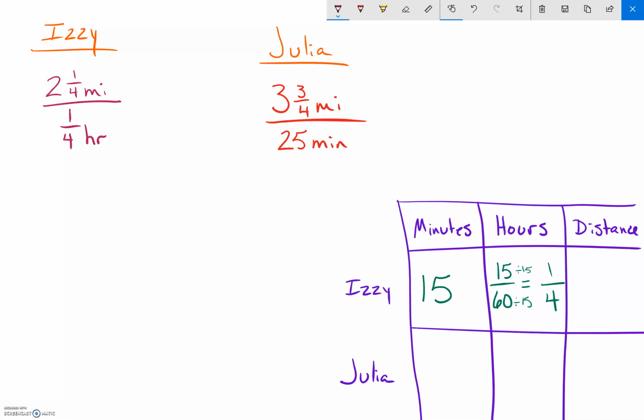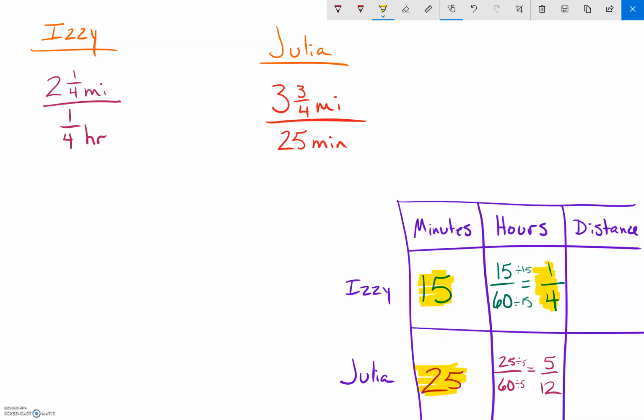Same thing for Julia. She's running for 25 minutes. That is 25/60ths of an hour. That fraction will simplify by 5. 25 is divisible by 5, as is 60. And so our simplified fraction is going to be 5/12ths of an hour. So to make sure you're understanding, 15 minutes is the same thing as 1/4 of an hour.